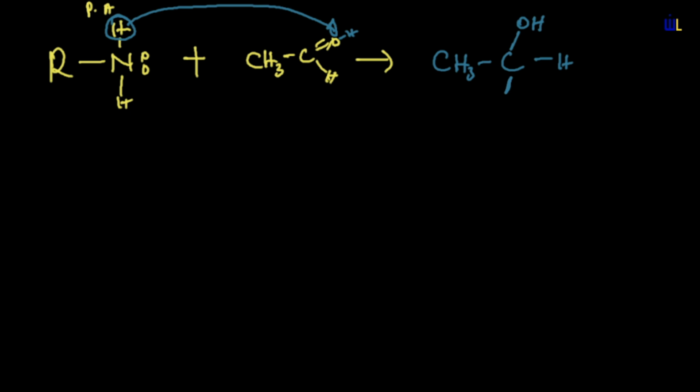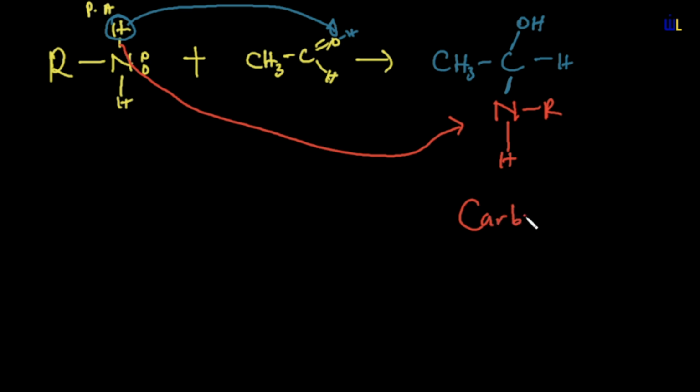So you are going to have nitrogen to R to H. This particular compound, where you have a hydroxyl group attached to an amine, in this case, is what we refer to as a carbinolamine.